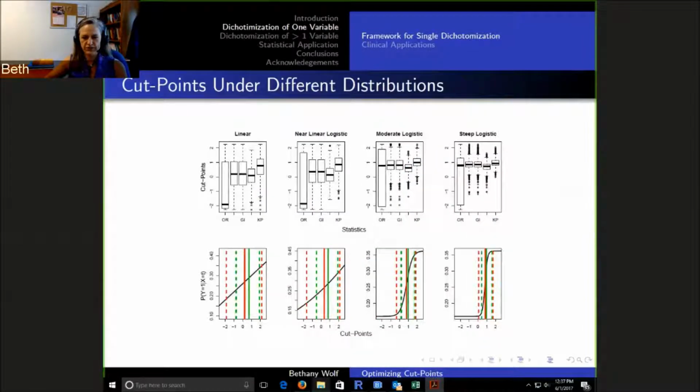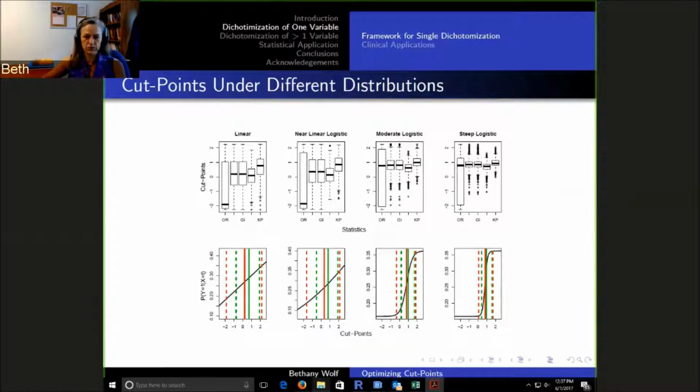I did a simulation looking at the near linear logistic, the linear model, the logistic model, and the steep logistic model, and looked at the distribution of cut points that I got back when I simulated those data. And again, you're looking for them to be somewhere around the inflection point. Box plots of the distribution of these statistics are shown here.